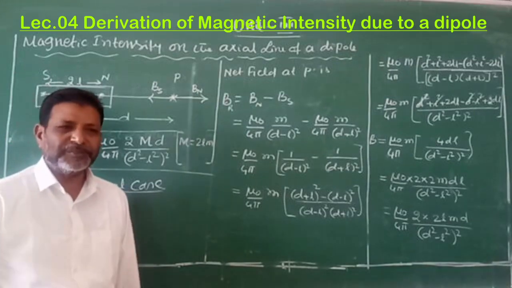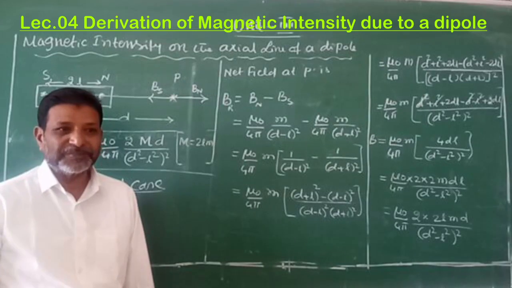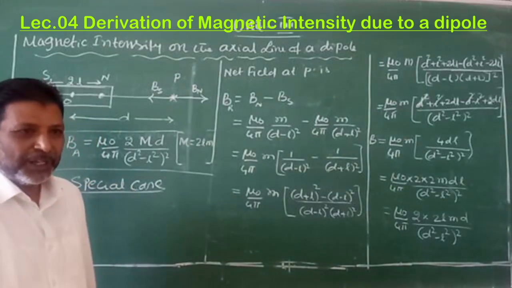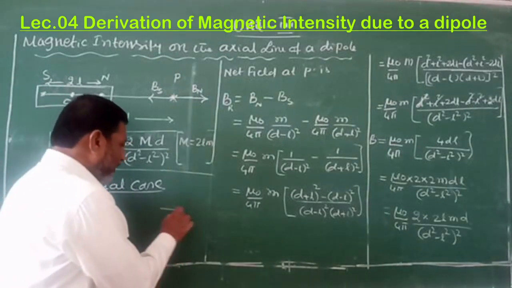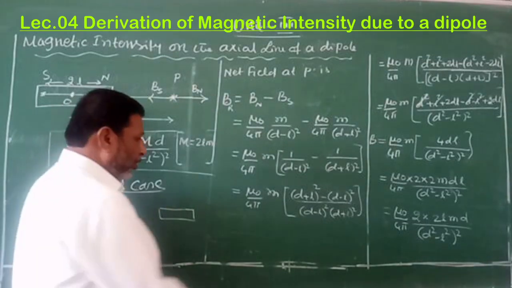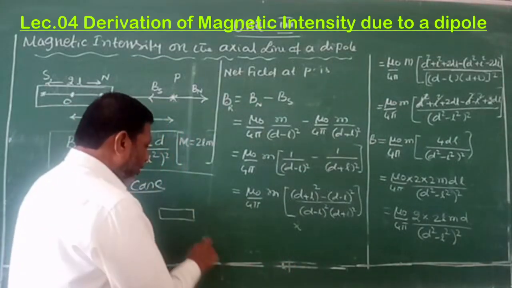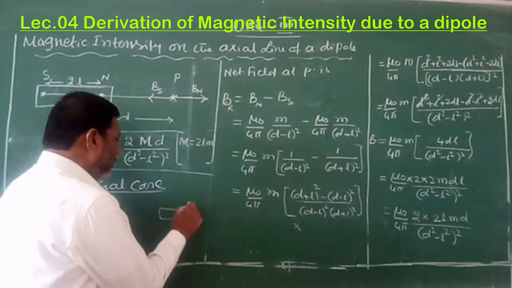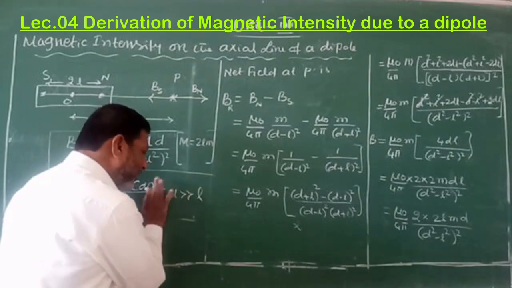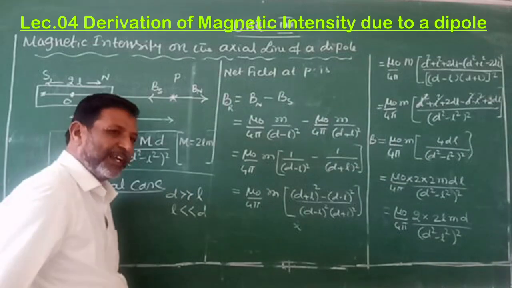You have done the experiment with a bar magnet, and you have observed its size, and d is the distance of the point from the center. Therefore, d is very much greater than L. Otherwise, the same thing you can write as L is very much less than d.